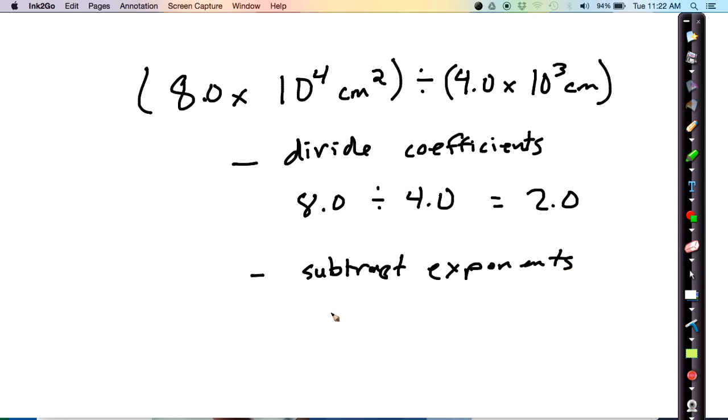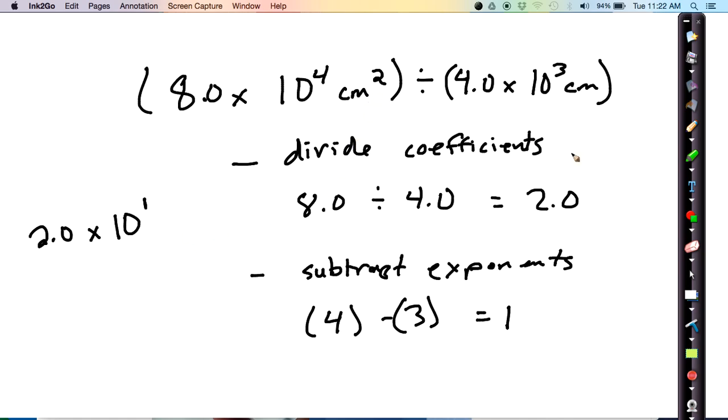So in this case, I have 4 minus 3, which gets us 1. And then we're going to assemble the answer the same way we did with multiplication. We now have 2.0 times 10 to the power of 1 when we subtract the exponents here.